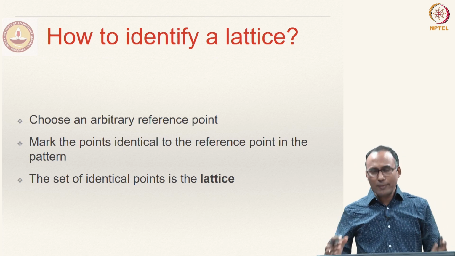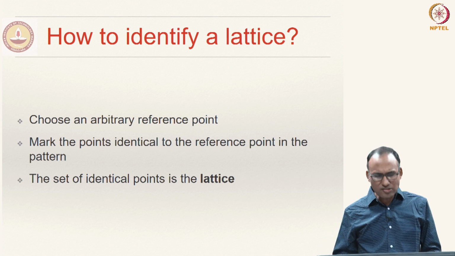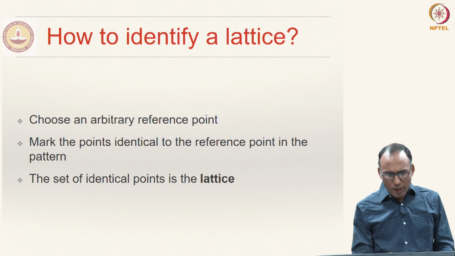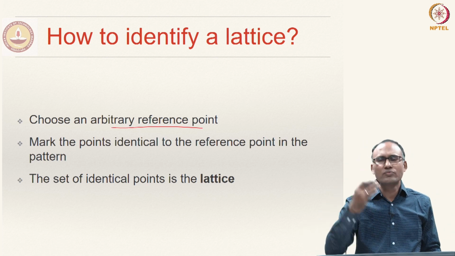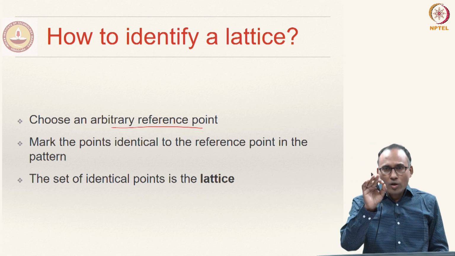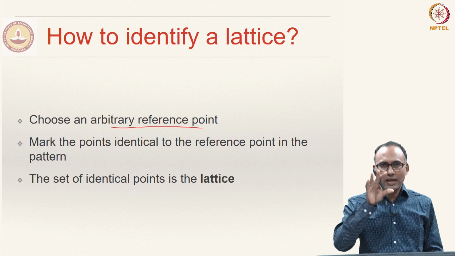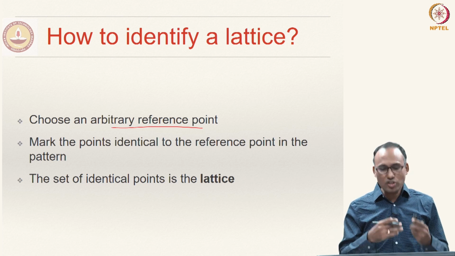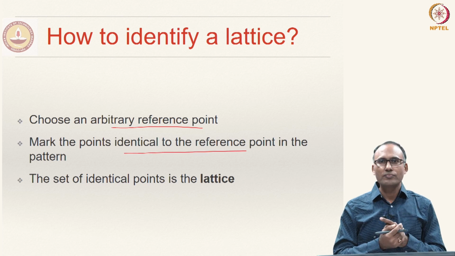So, if you are given a material or a system, in order to identify a lattice, all that you need to do is first choose an arbitrary reference point. It can be any point within the system. Choose some reference point arbitrarily, and now you look at the point, identify its characteristics, and then start marking points which are identical to the reference point in the system, right.